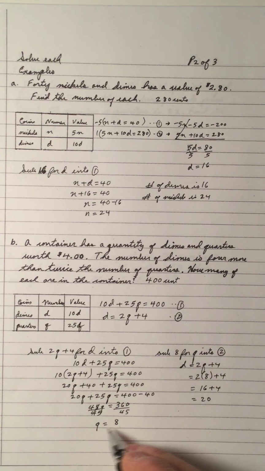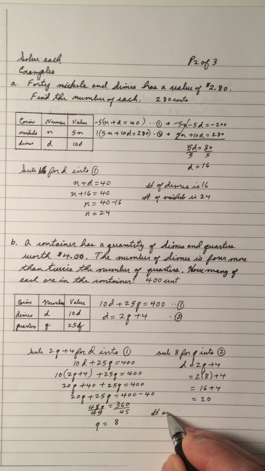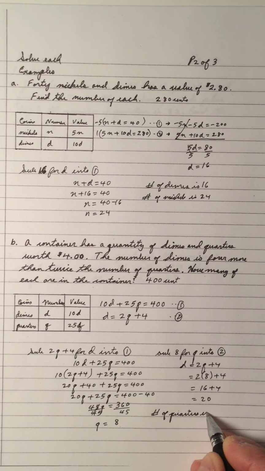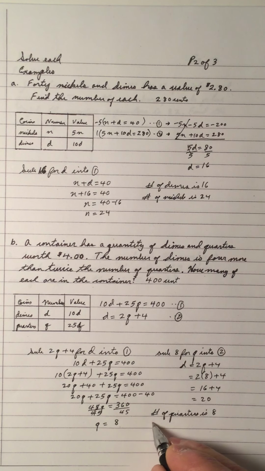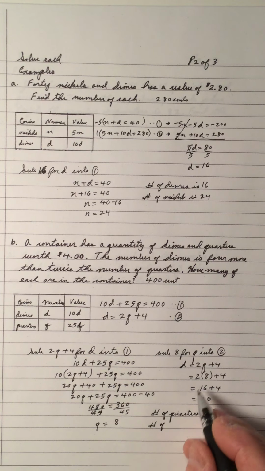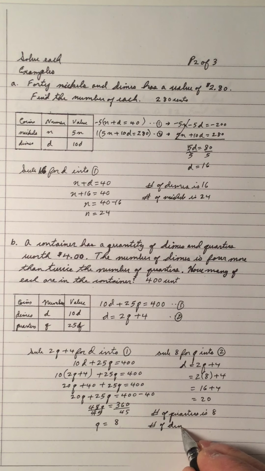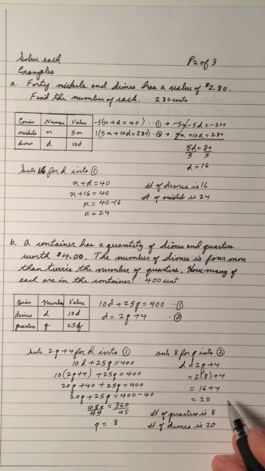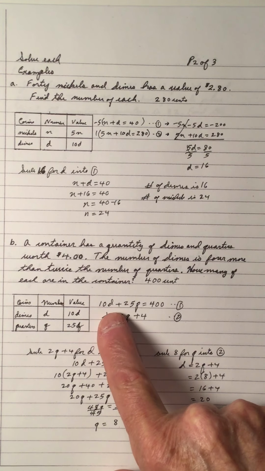So the number of quarters is 8. And the number of dimes is 20. And again, you can check it by putting these two numbers back in.